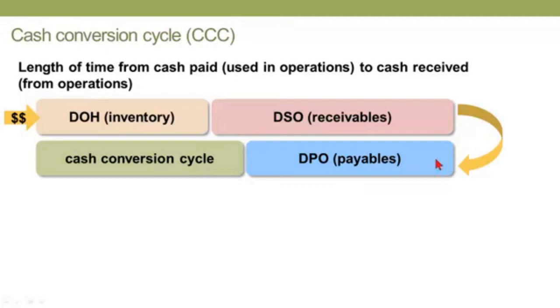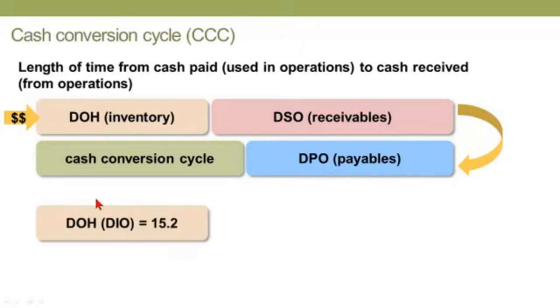On the other hand, days payable is cash payments to vendors and works exactly the opposite direction. So we can take days inventory outstanding plus days sales outstanding and subtract days payable outstanding to get the cash conversion cycle. In the example we just looked at, we had days inventory on hand, a synonym, of 15.2 days.